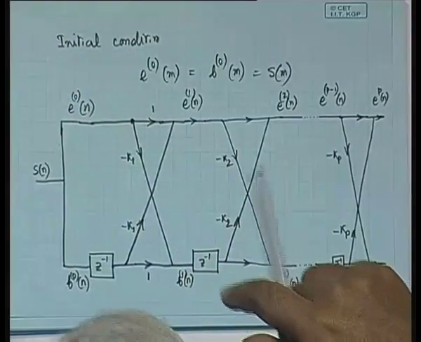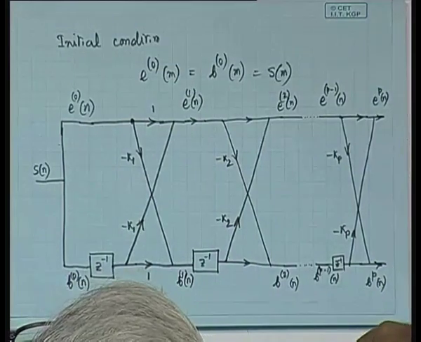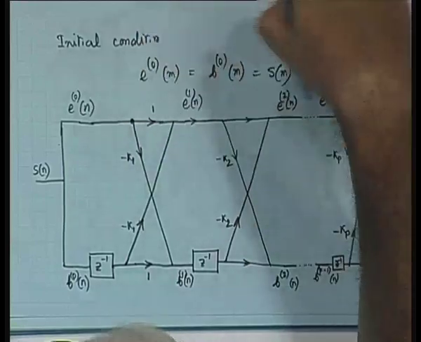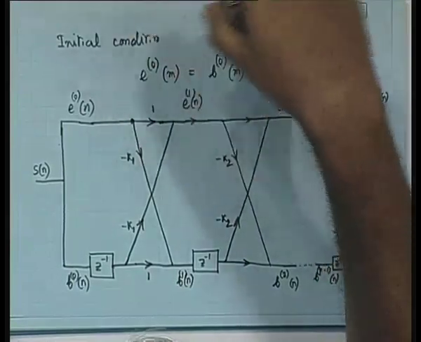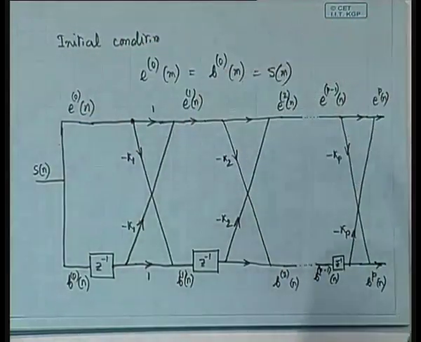So, if one applies this kind of a lattice formulation, what one has to do becomes very clear. One has to feed the S of n, the speech segment, and then obtain the E0 n and B0 n, which is nothing but given here already, that E0 m and B0 m is nothing but S of m, the first estimate, because it is as good as a 0th order predictor.